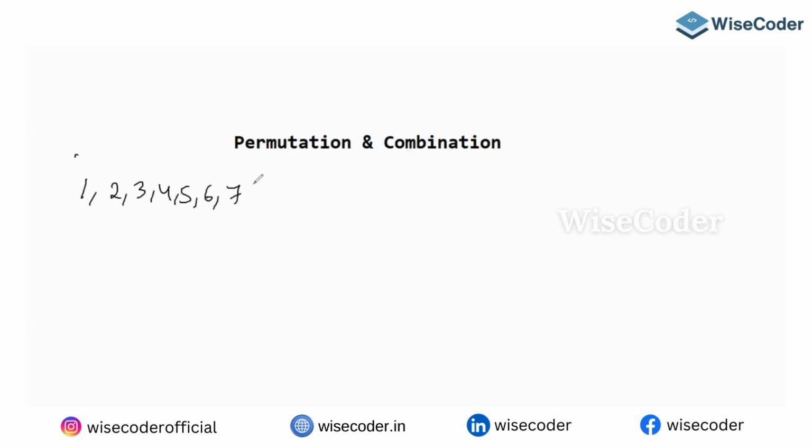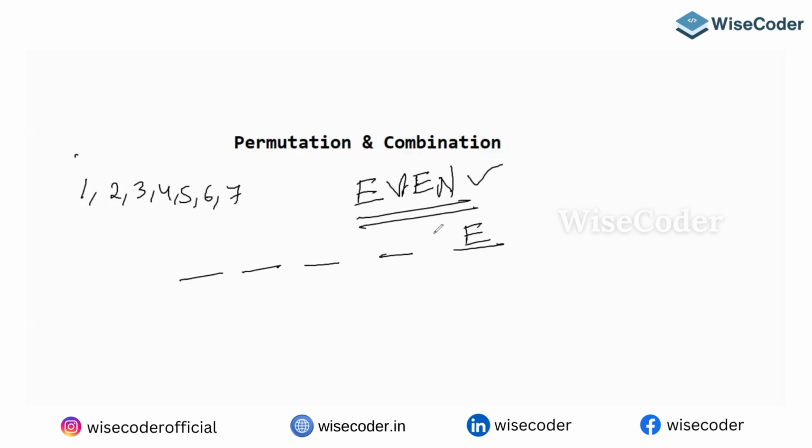Okay guys, in this particular question you can use these numbers, but you need only an even number. When a number has to be even, what is the condition? It is a 5-digit number, and the last digit should be even.